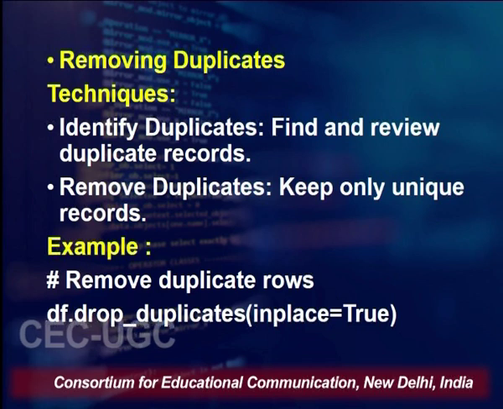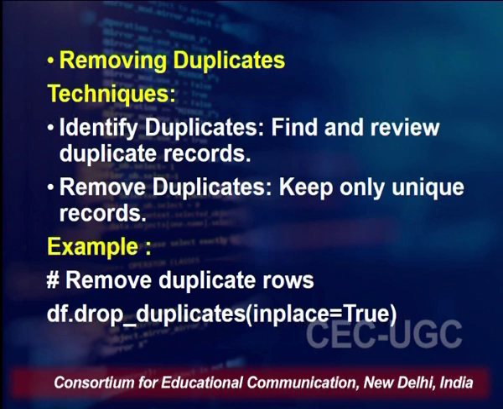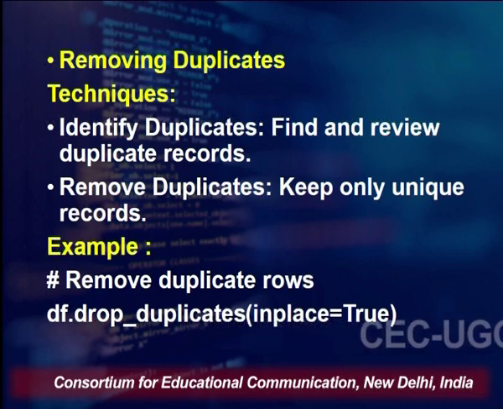Now, there will be situations in the data where we are seeing duplicate values, that is, same values are showing for different records. So, here you need to remove the duplicates. There are two techniques which can be used.